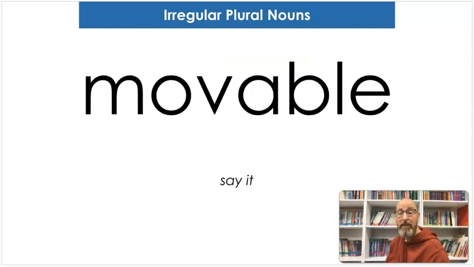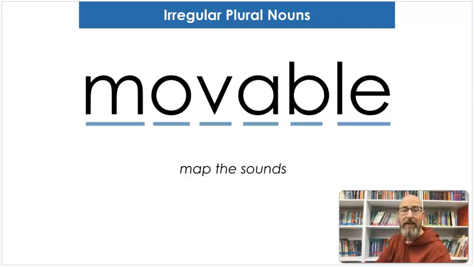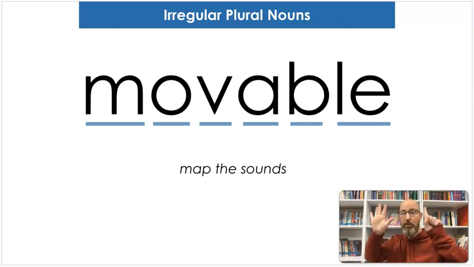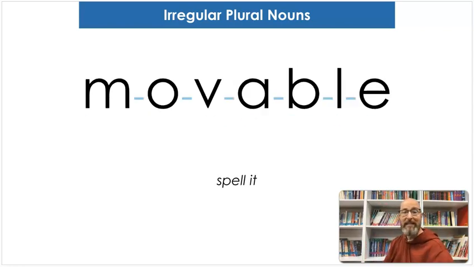Our next word is movable. Say movable. Sound it out. Movable. And let's spell it. M-O-V-A-B-L-E. Movable.